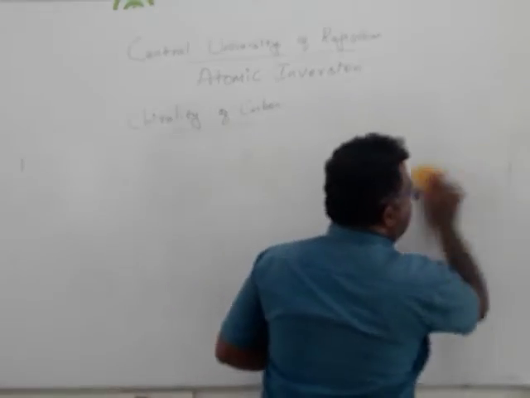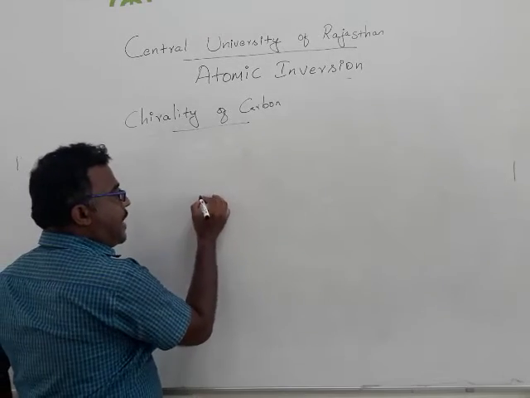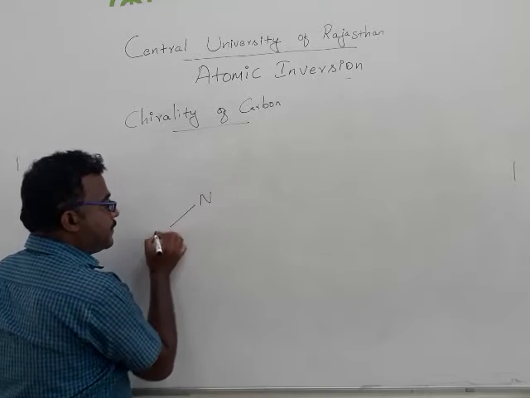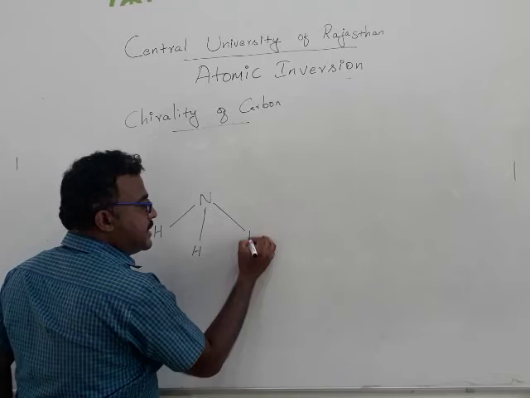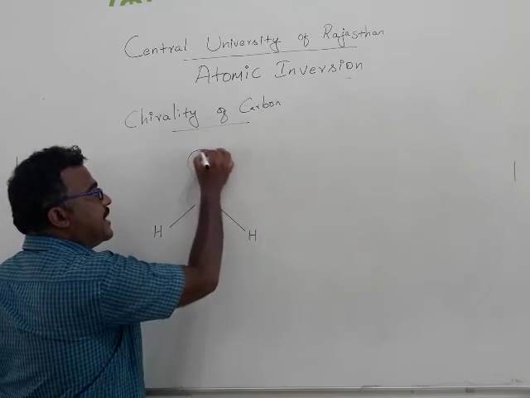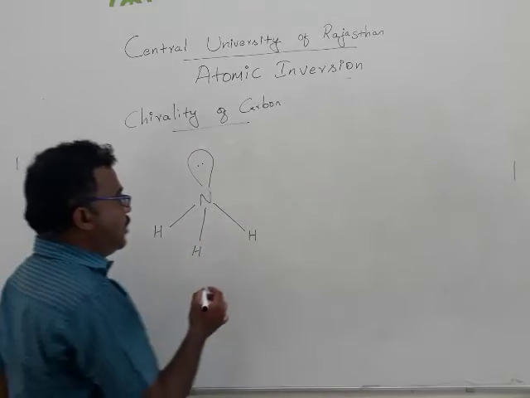That we can understand from the simplest example of ammonia. We can take a molecule of ammonia. If you understand this one ammonia, then it's very easy to understand amines also. So what will the ammonia molecule do?